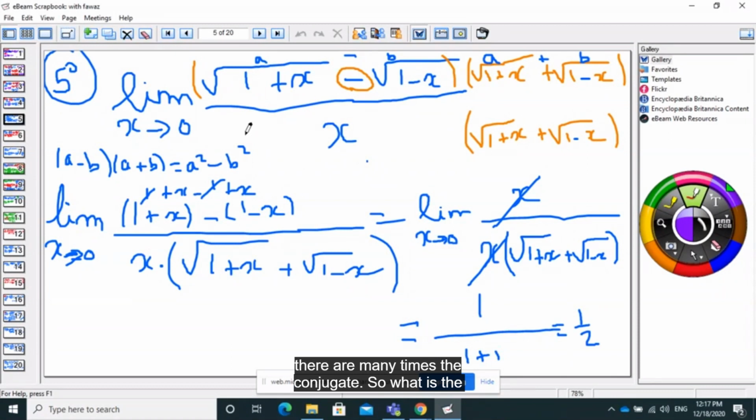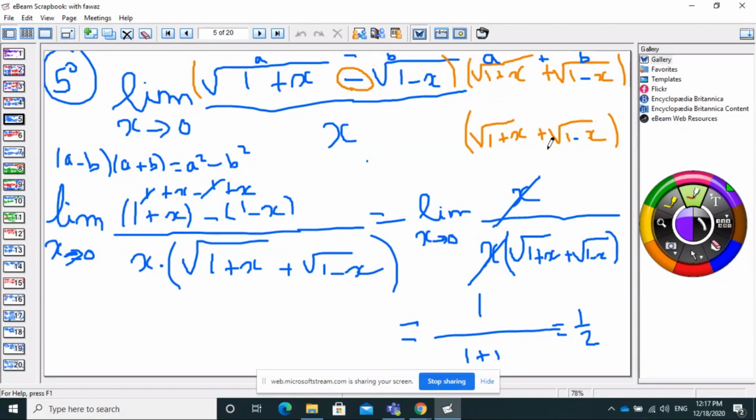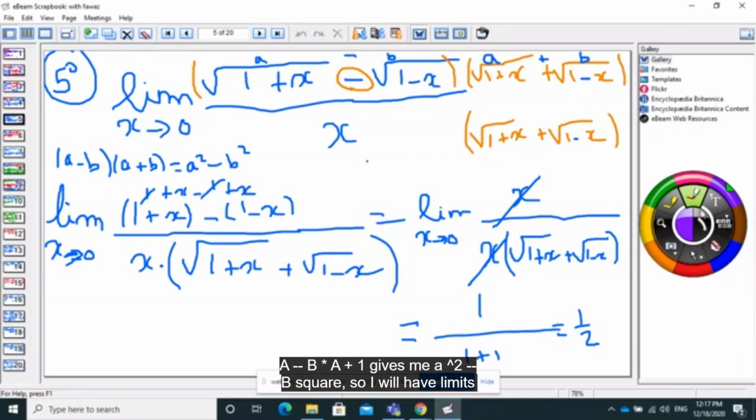So what is the conjugate of radical 1 plus x minus radical 1 minus x? It's radical 1 plus x plus radical 1 minus x. So I will have the form a minus b times a plus b, which gives me a squared minus b squared. So I will have limit of a squared, meaning 1 plus x, minus b squared, meaning minus 1 minus x, over x times this here.